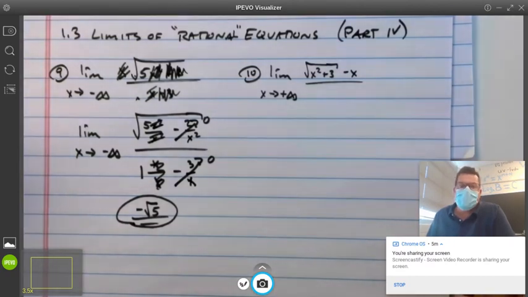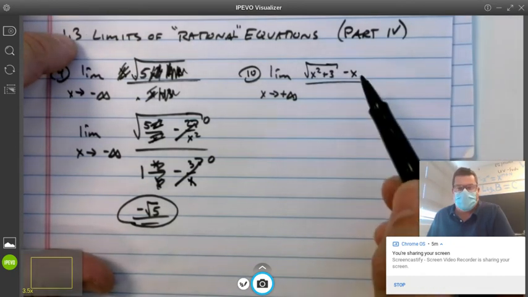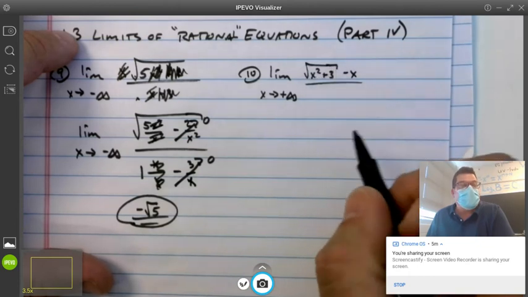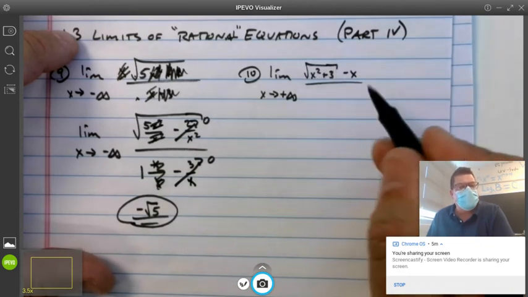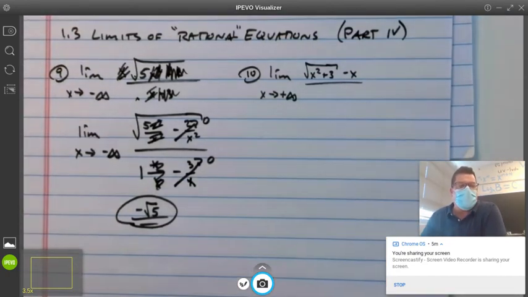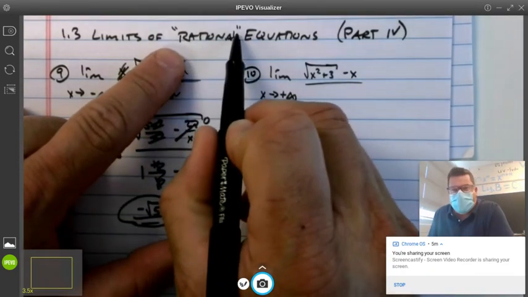Okay, this is a rare moment where we are going to want to get rid of this binomial and get rid of this radical by multiplying top and bottom by the conjugate of the top. So whether this radical binomial is on the bottom or top, you're going to multiply top and bottom by its conjugate. Okay? This is why I put this rational in quotes.